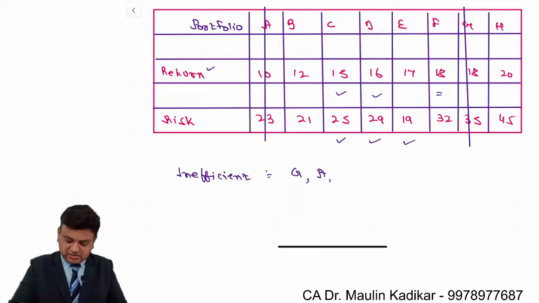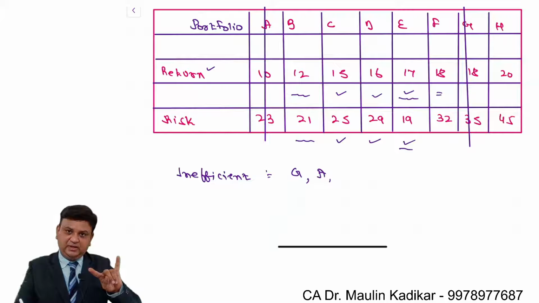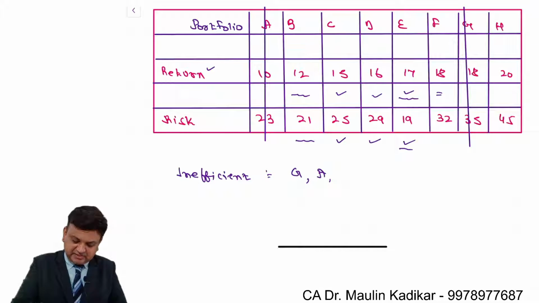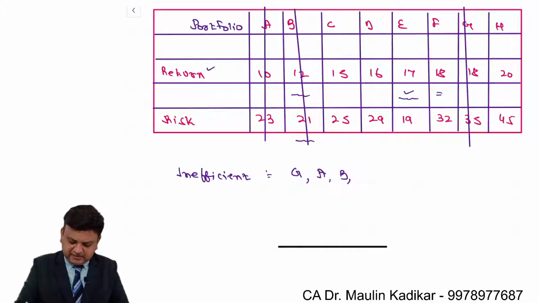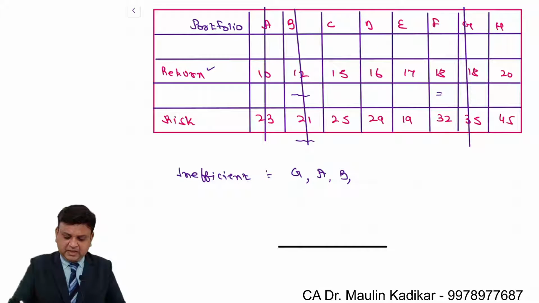Risk reduces and the return increases. I am comparing C with E. What we can see is that 19 is lower than 21 and 17 is greater than 12. So we can say that B is an inefficient one. Next, let us make a comparison of C and D. 16 is greater than 15 and 29 is greater than 25.